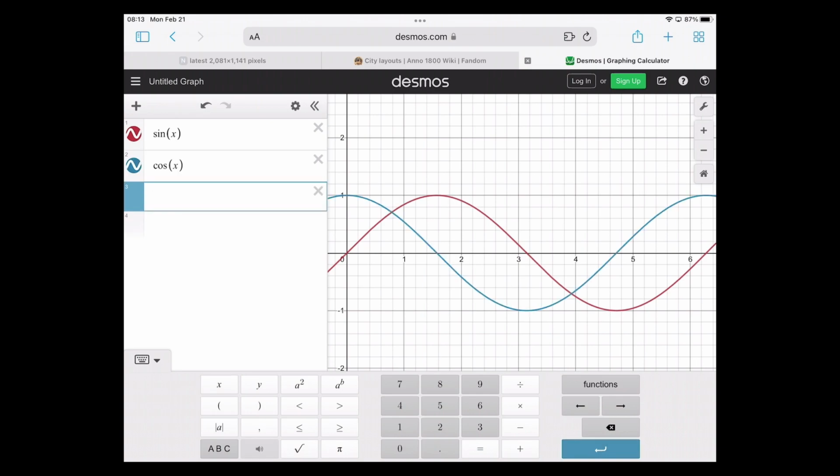Okay, and now let's see if this whole thing holds. Let's pick a different point, like let's say here. What's the slope there roughly look like? Slightly less than 1, but it happens to be exactly the value of the cosine function at that point.